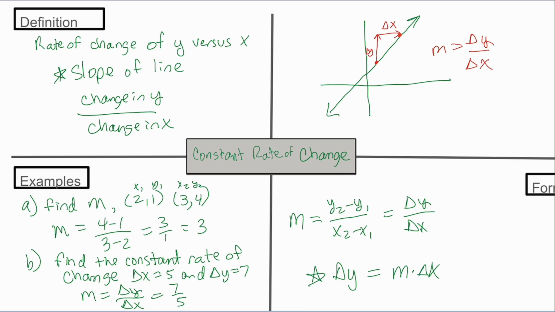So that's our first definition about constant rate of change. So all of these definitions that we do will include some examples, formulas, all that stuff. So it will be helpful as a study guide.